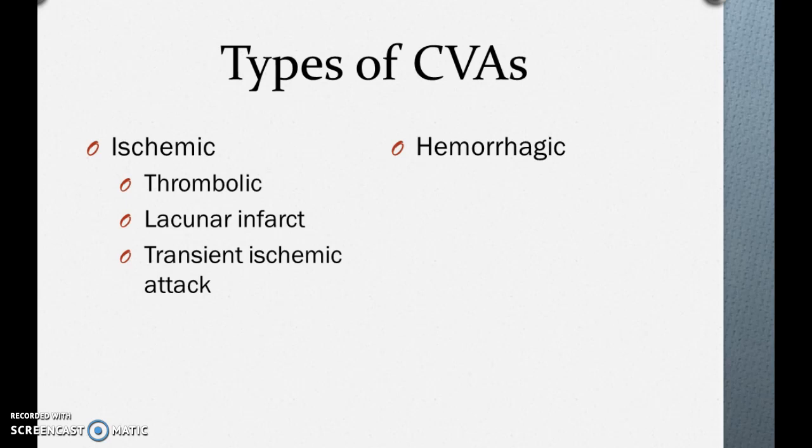You also have your lacunar infarct. The lacunar infarcts are small strokes deep inside of the brain. And the last one under ischemic strokes is your transient ischemic attack, most commonly referred to as TIA.